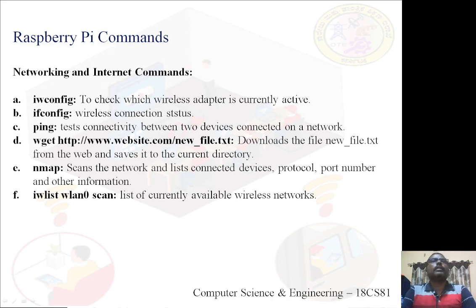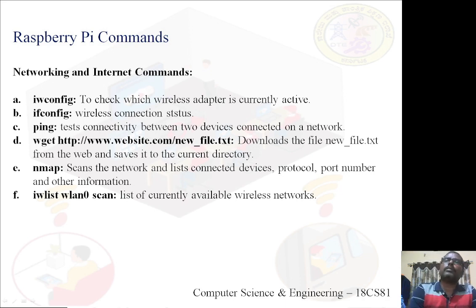Nmap, network map, scans the network and lists all connected devices, protocols, port numbers, and other information. iwlist wlan0 scan looks for currently available wireless networks.